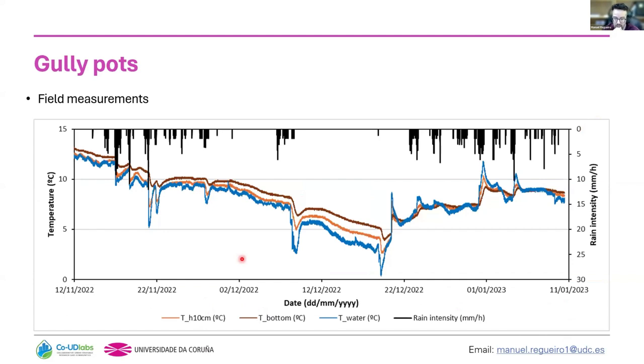Regarding the field measurements, this is how they look like. For almost 2 months of measurements of temperature, here we have in blue again the temperature in the water layer, then in brown the temperature at the bottom of the gully pot, and in orange the temperature at a distance of 10 centimeters from the bottom.